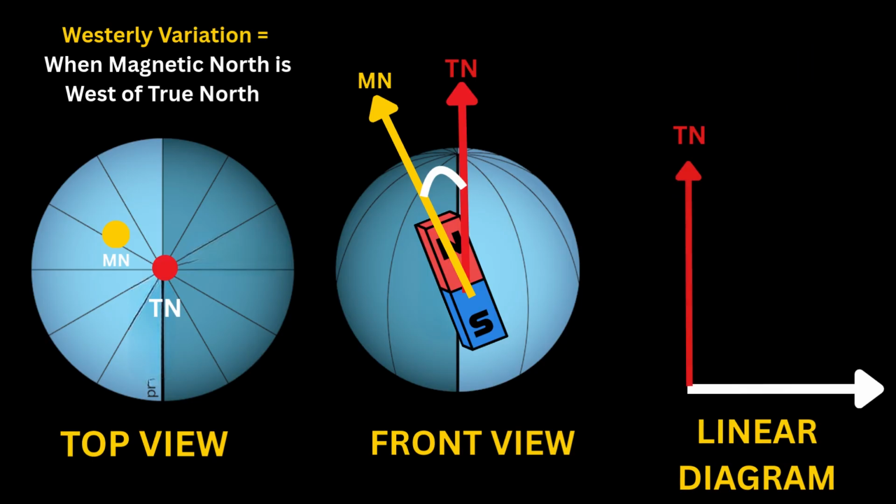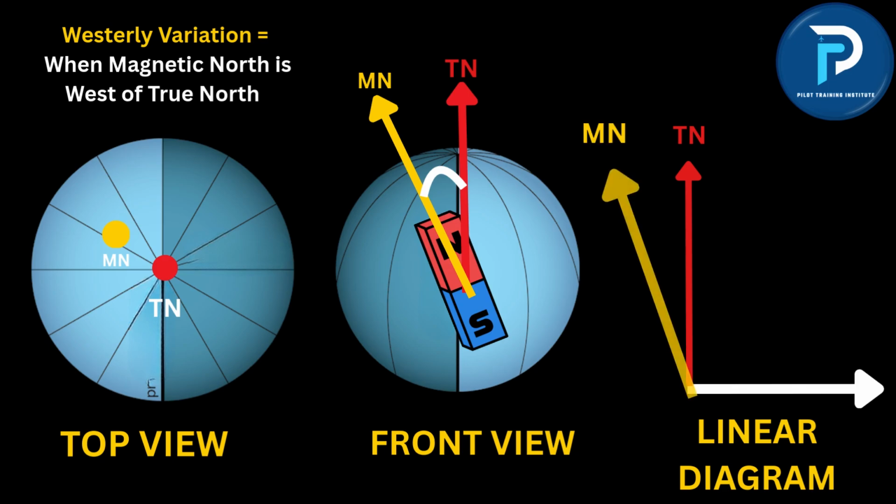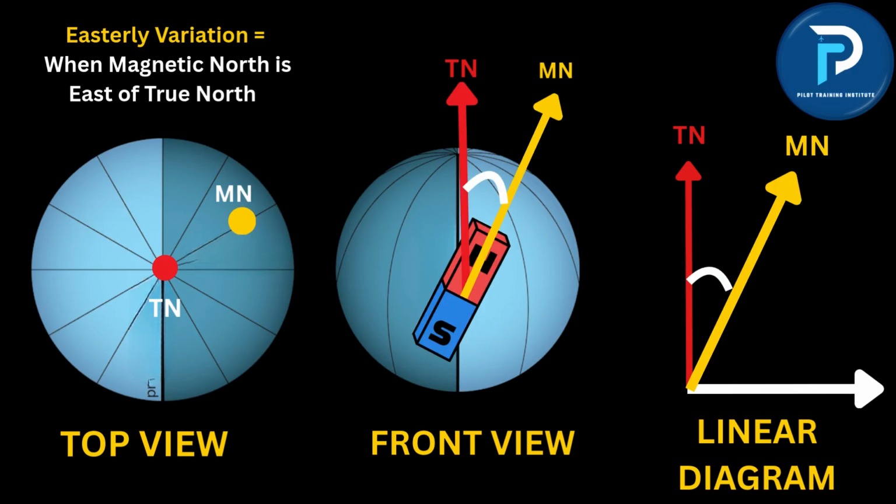Now, with respect to true north, can you guess which side would your magnetic north be with the westerly variation? Will it be on the right or on the left? That is correct, towards the left. Now, can you draw the same top view, front view, and a linear diagram for an easterly variation, and then cross-check your diagram with the one on the screen.